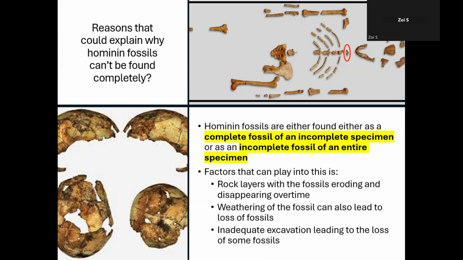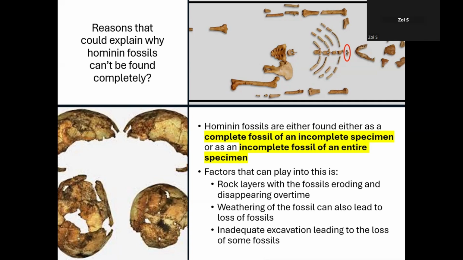Or something more human error related: inadequate excavation of the fossils can also lead to the loss of those fossils. Basically, people who aren't experts in their field trying to excavate different fossils can sometimes miss those fossils, or they can inadvertently destroy some of the fossils in the process without even realizing it.